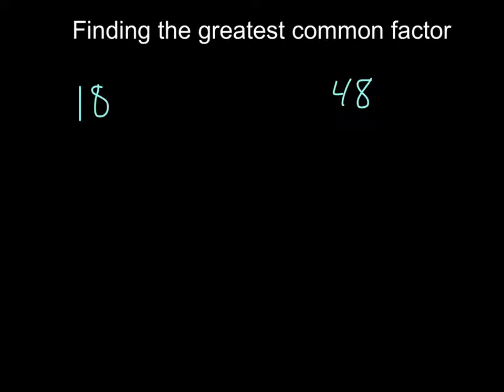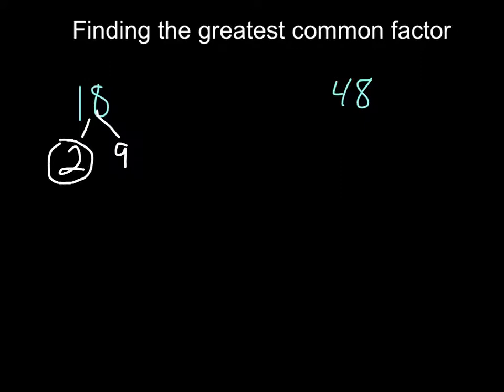Now, when our numbers get a little bigger, like they are here, we need to have a strategy that we're going to use to find the greatest common factor. To do that, we're going to use prime factorization just like we used in the last lesson. I remember when I do my prime factorization, I'm looking for two numbers that I could multiply that would get to that 18 in this case. So 2 is prime.